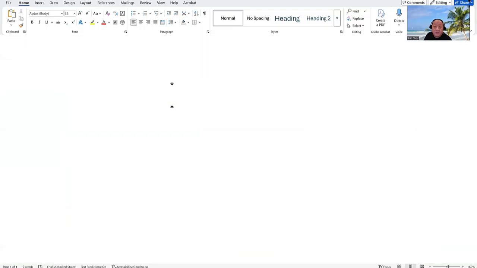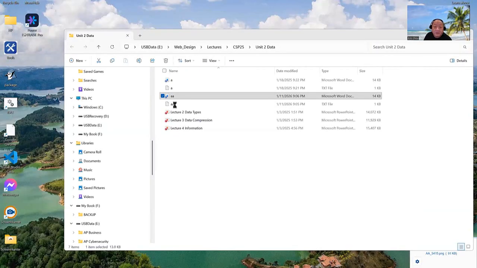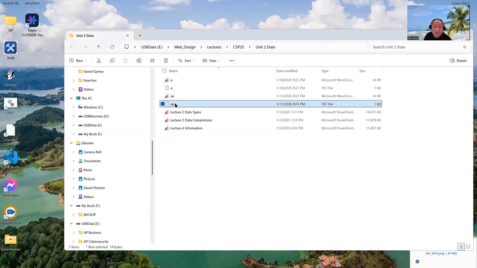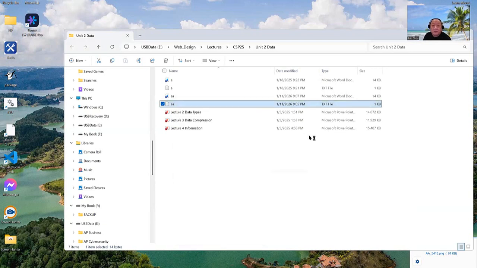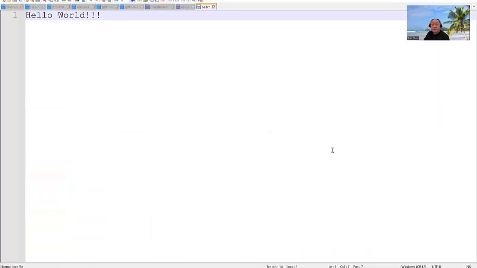But the plain text does not have that. Your TXT file is only the text. You open it, there's no color. You can show it with color, but that's the editor's color, not the color of the text. Is that okay so far?